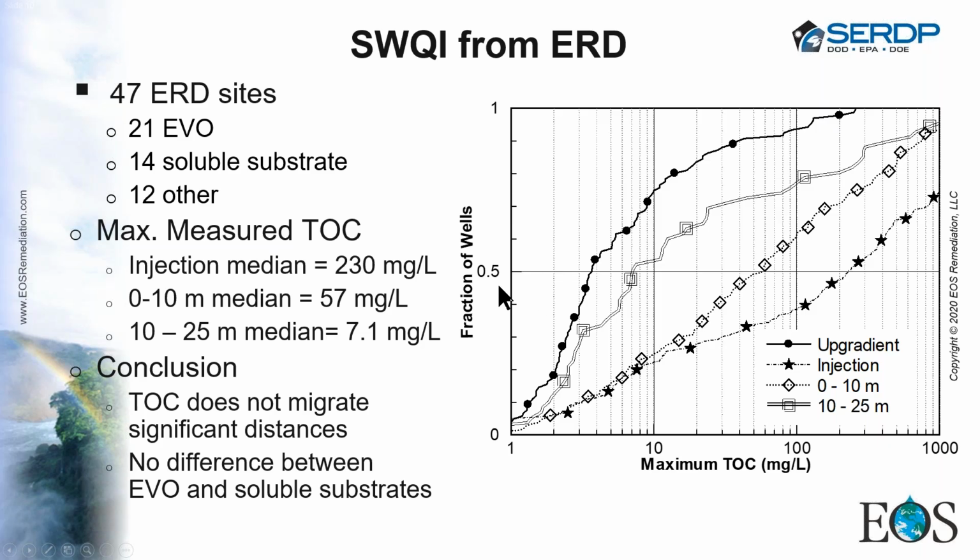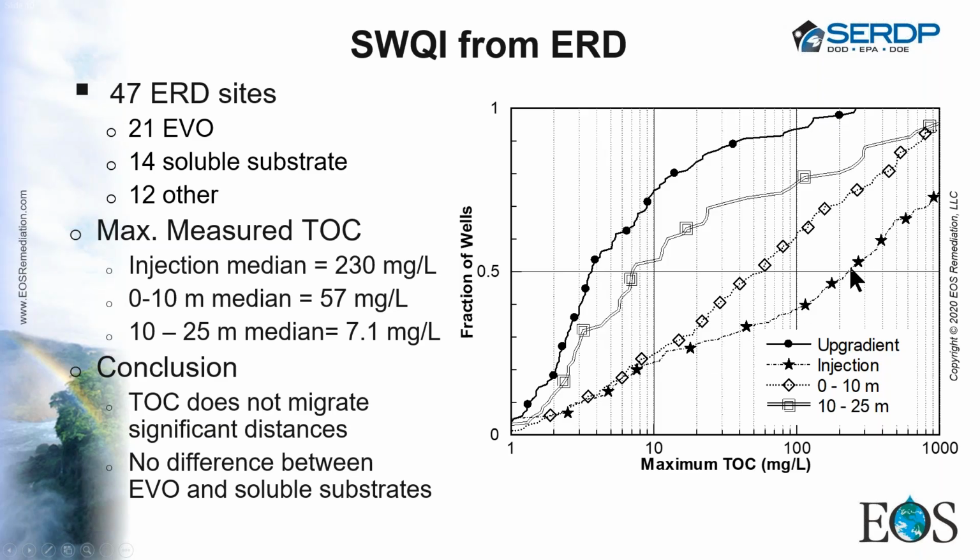Now in the injection area, the median TOC, this is kind of strange, these are all maximum measurements. So in half the wells, the maximum observed TOC was over 250 milligrams per liter, and in half the wells, the maximum TOC was less than 250 milligrams per liter.